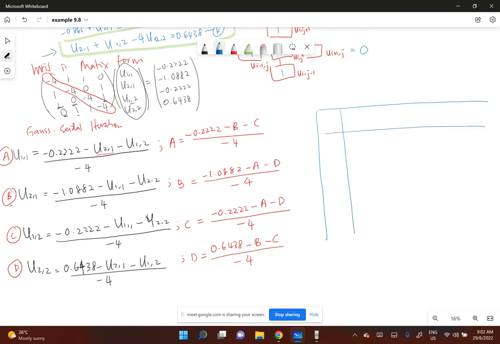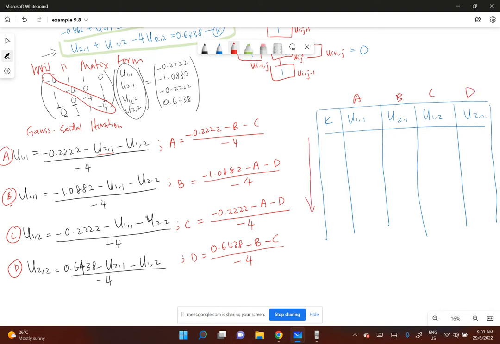Start from K. So this is U11, U21, U12, U22, which is A, B, C, D. We do the iteration until the maximum of x k plus 1 minus x k is less than epsilon.